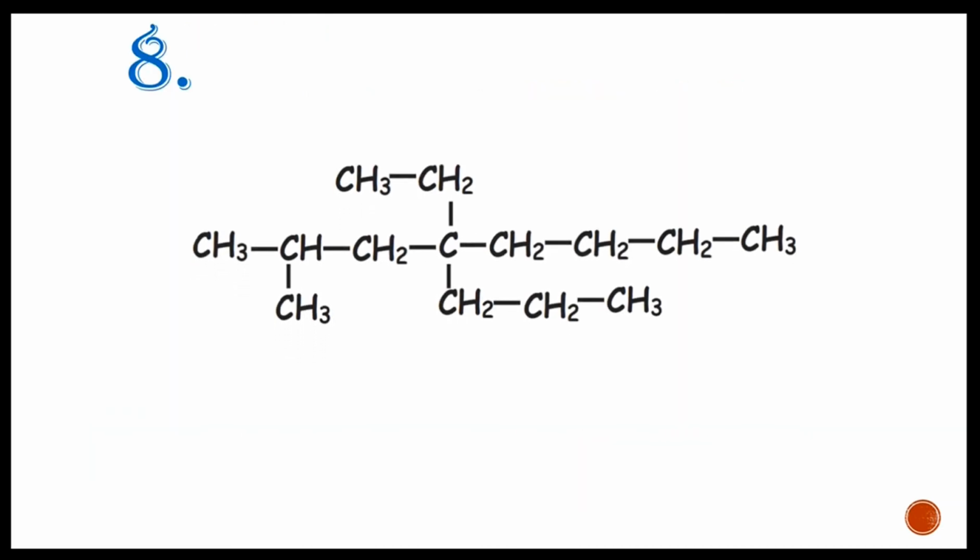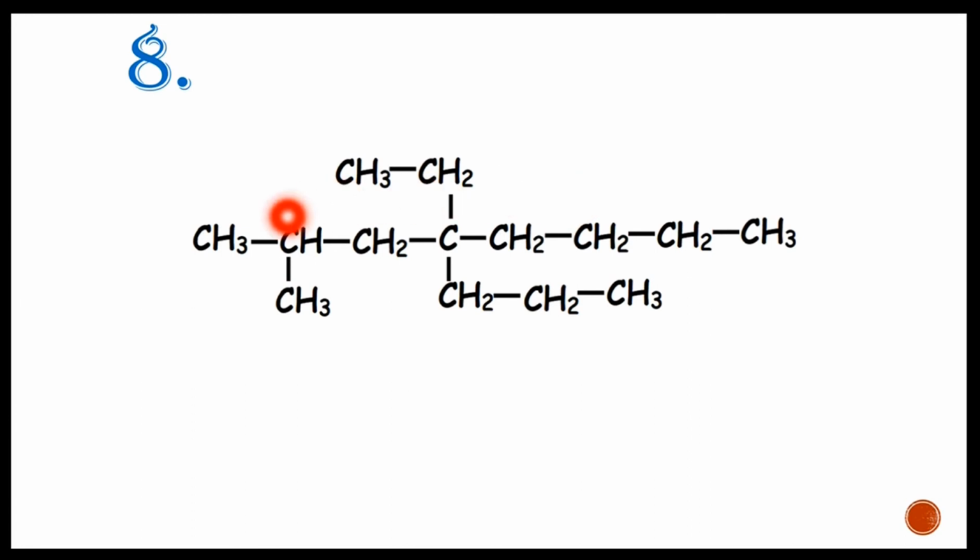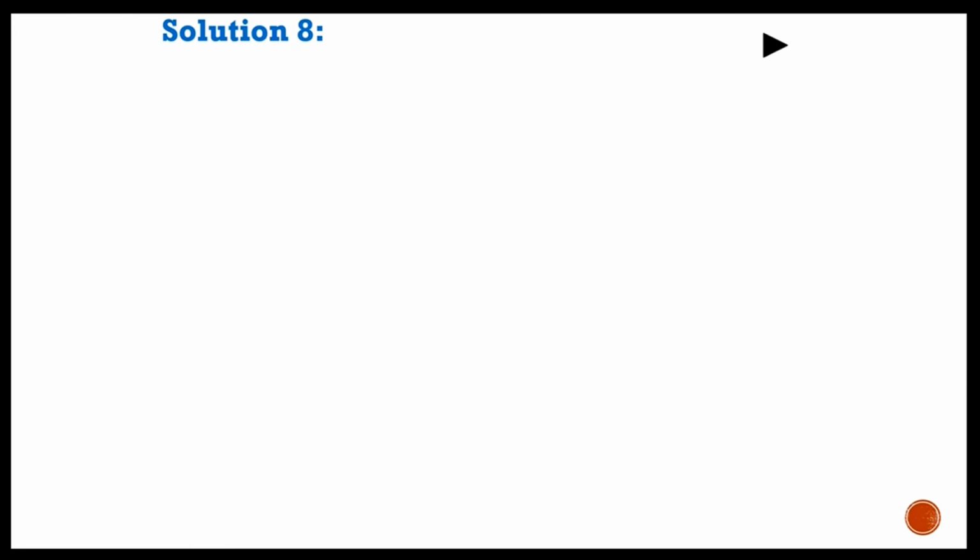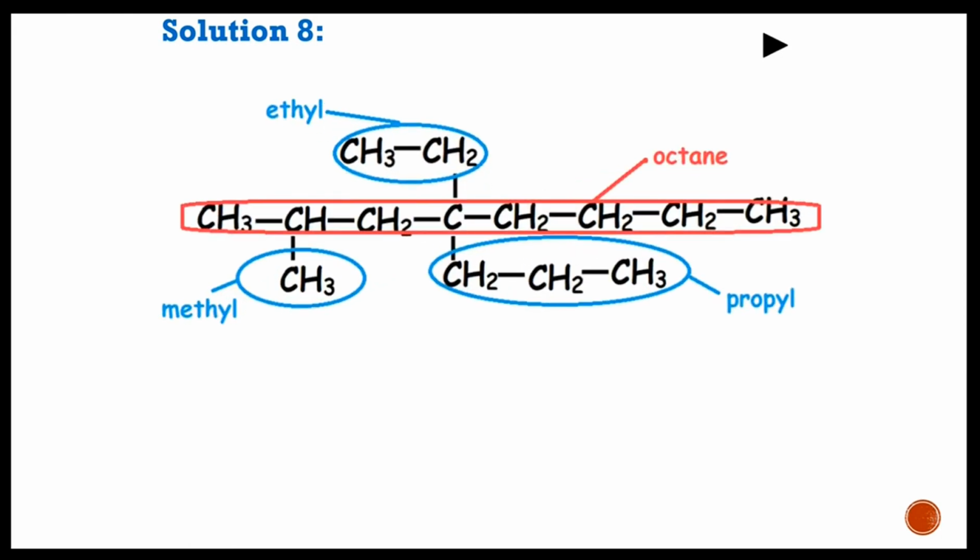Okay, so looking at our 8th example, which is going to be our longest chain? Let's go this way. 1, 2, 3, 4, 5, 6, 7, 8. So our longest chain is going to be 8. That is octane.